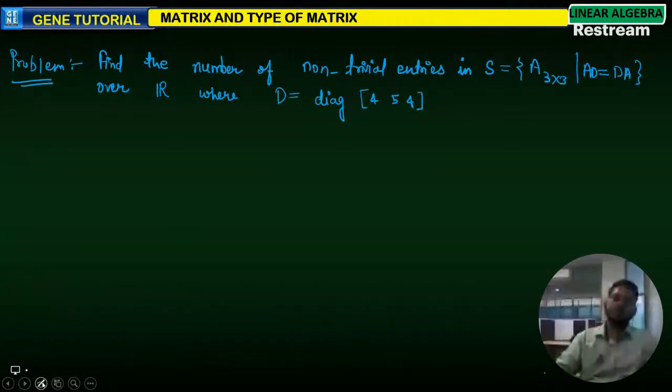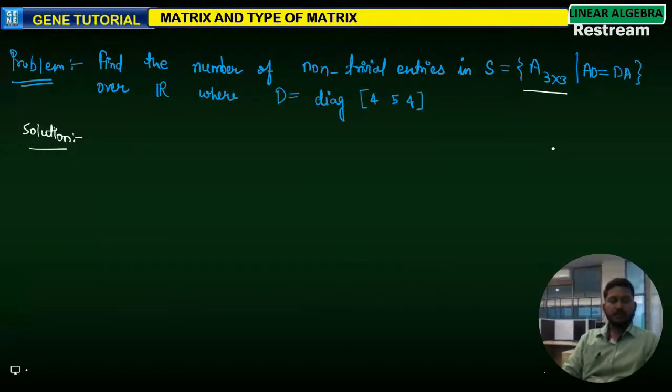Come to the solution. First, we take the non-trivial entries for a 3 cross 3 matrix, whose entries commute with every diagonal matrix, that is AD equal to DA over R, where D is the diagonal matrix with entries 4, 5, 4. How do you solve this question?